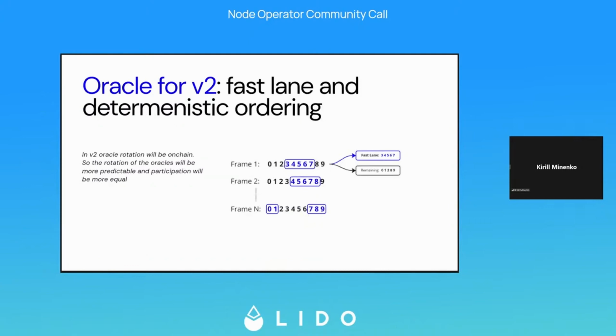And the third technique is what we call fast lane. Each oracle has its own number, so they have a kind of ordering. On each report, all oracles are split into two groups, the fast lane group and the group of remaining oracles.